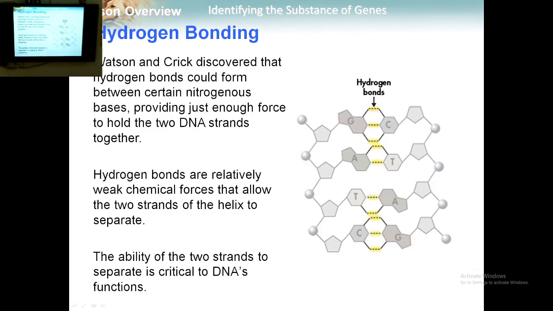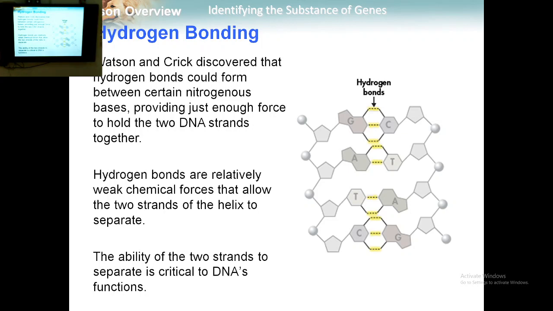What do we mean by hydrogen bonding? Hydrogen bonding refers to the bonds between the nitrogenous bases. As we mentioned before, the C and G nitrogenous bases are attached by 3 hydrogen bonds, while A and T are attached by 2 hydrogen bonds. Hydrogen bonds are relatively weak chemical forces that allow the two strands of the helix to separate.